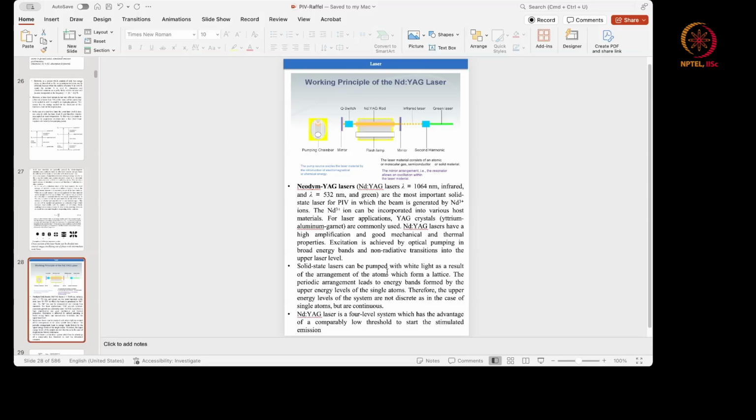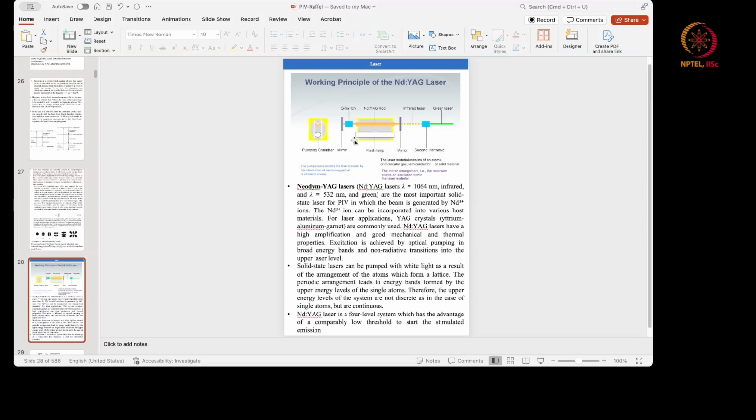This allows us to have a white light excitation source, which is different from the energy bands formed by single atoms. The Nd:YAG is a 4-level laser system, and it has a very low threshold to start the stimulated emission.